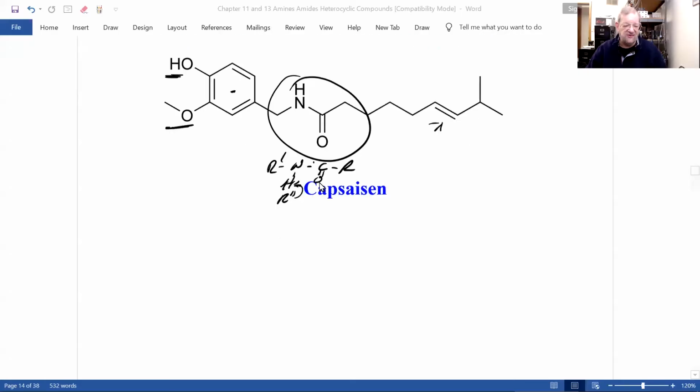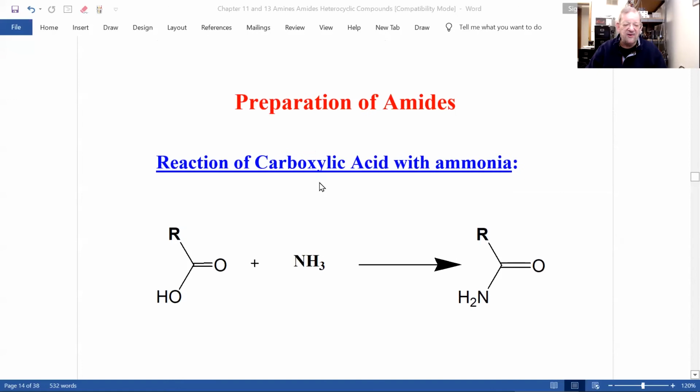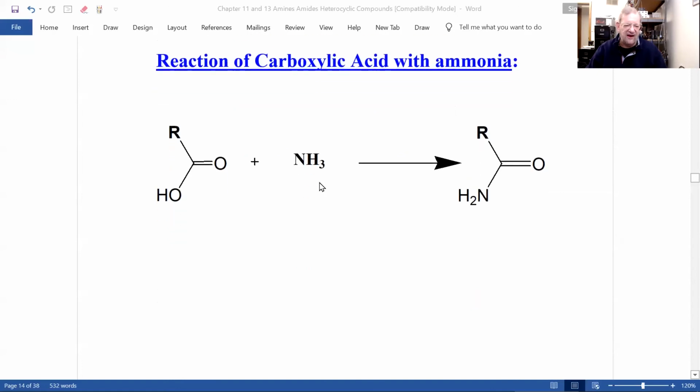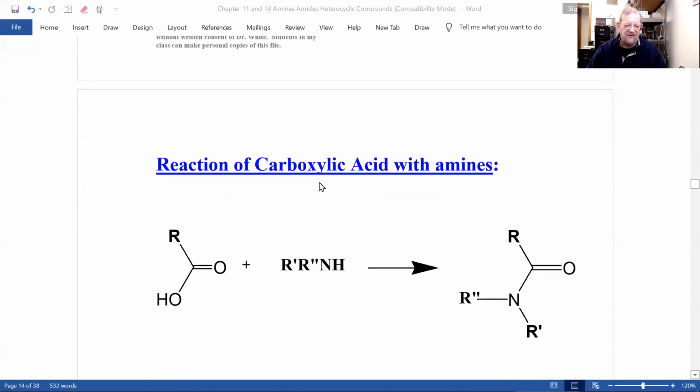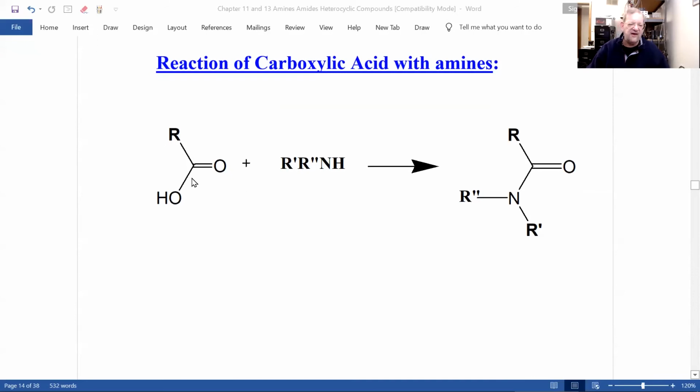So that's capsaicin. Now, how do you make amides? I'm going to skip this slide because there's a better way of writing it totally here. And if you take a carboxylic acid and amine, you form an amide. Like I said, I work for a company, and this is part of my responsibility. This product lines for amides.